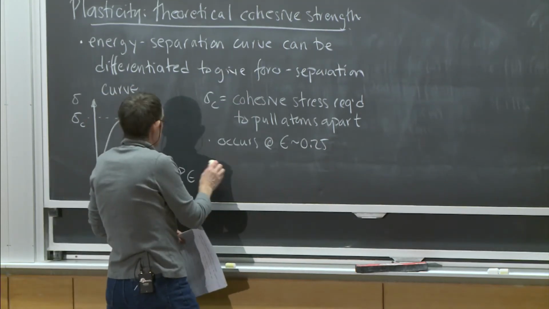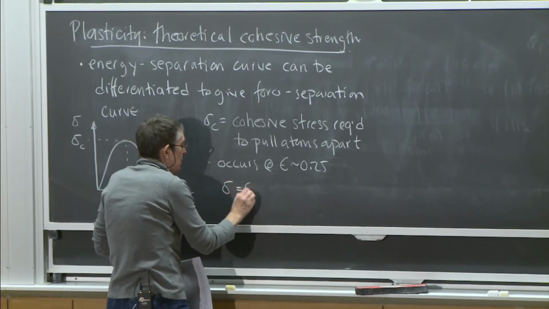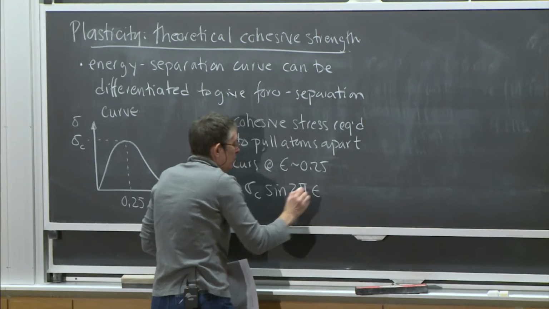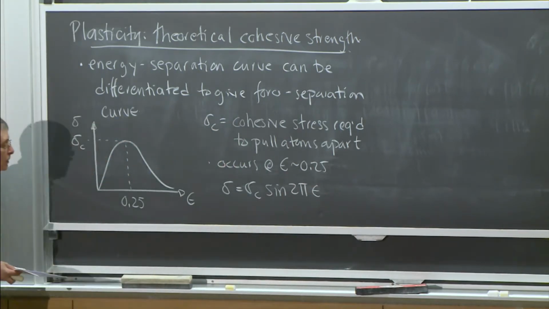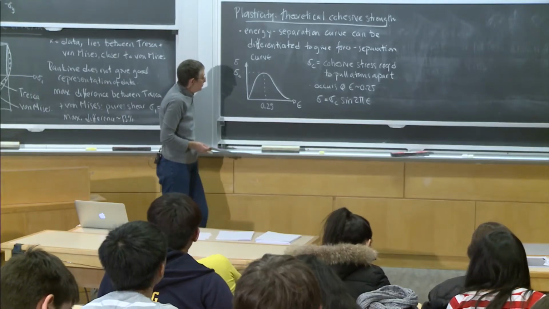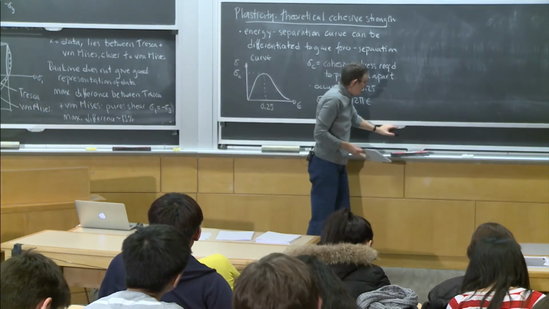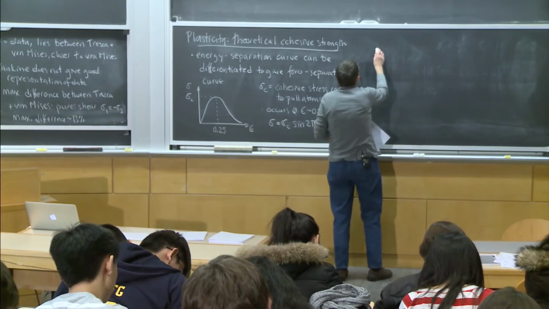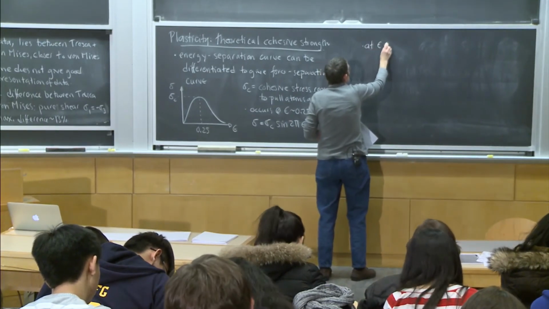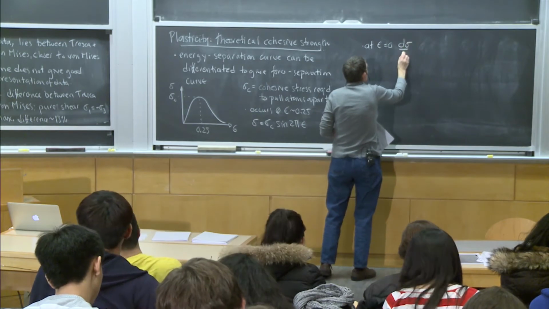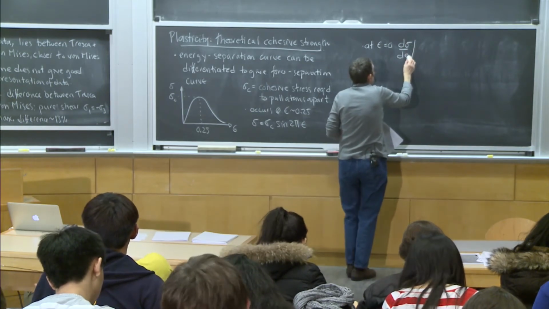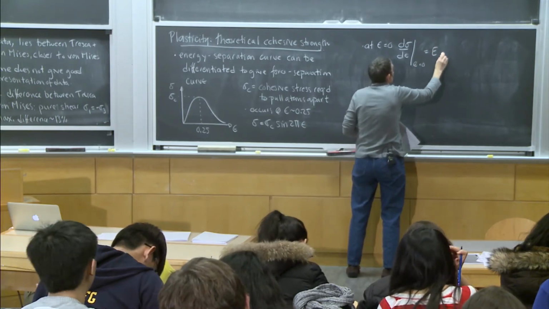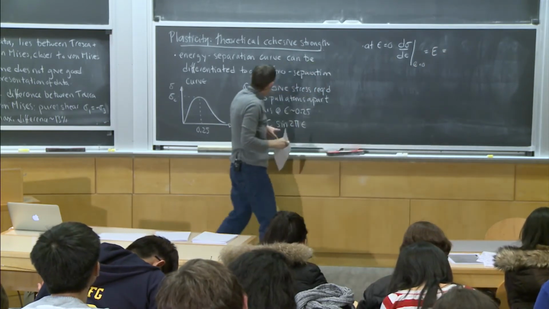Then you can idealize this curve to say the stress is equal to sigma c times sine of 2 pi epsilon. So you just approximate it as a sine curve. Obviously that's a very crude approximation. Then we can say that at a strain of 0, the slope of that curve is equal to the Young's modulus, and we can get the slope by differentiating this.